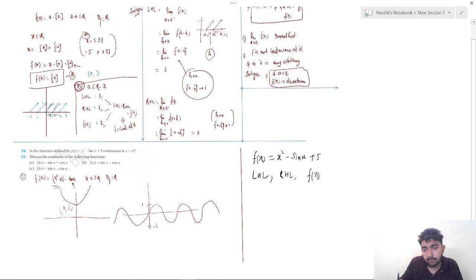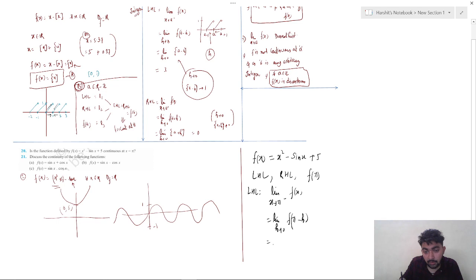Three things we need to find, and we need to check whether all three are equal or not. First of all, I need to find the LHL. LHL is the limit as x tends to pi negative of f of x, which is the limit as h tends to 0 of f of pi minus h.